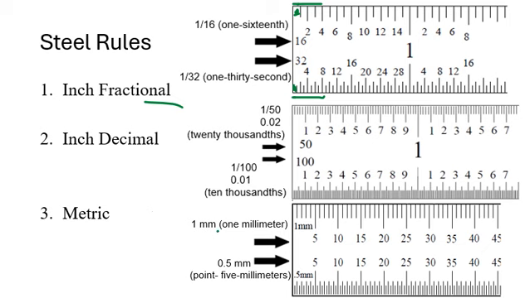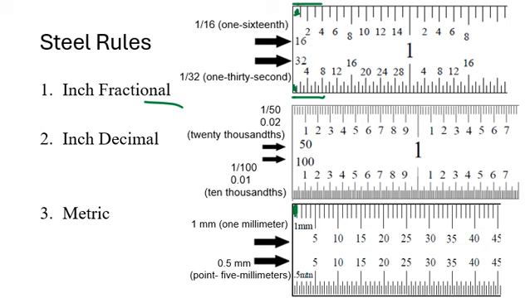The metric system uses millimeters. On this side we have 0.5 millimeter graduated units, and on that side we have 1 millimeter graduated units. Each graduated gap right here is 1 unit. You can count 5, 10, 15, and so on.